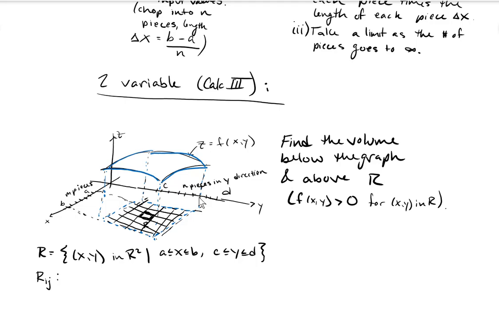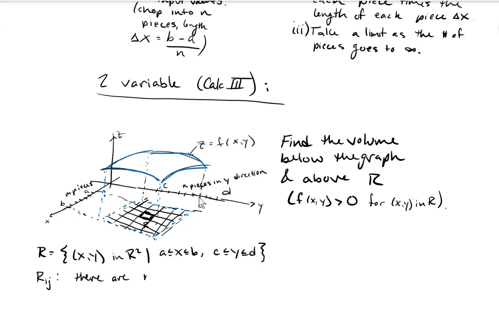But the idea here is the same as it was above. We've chopped up this region into, let's see how many. We really didn't even say how many. We have m pieces this way, n pieces this way.